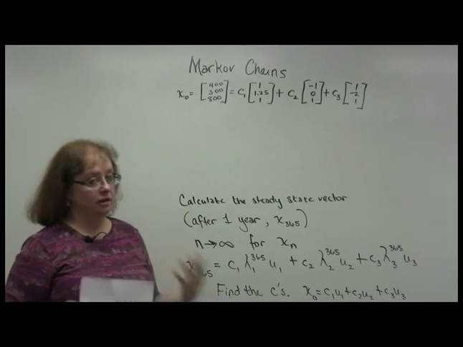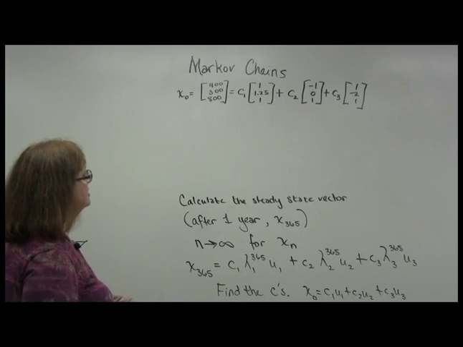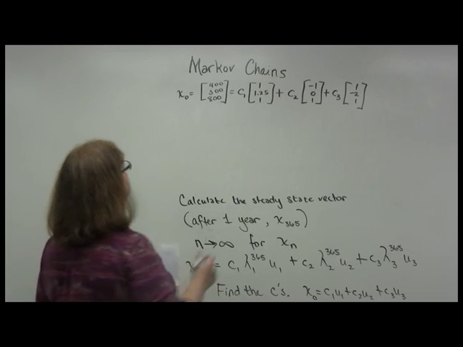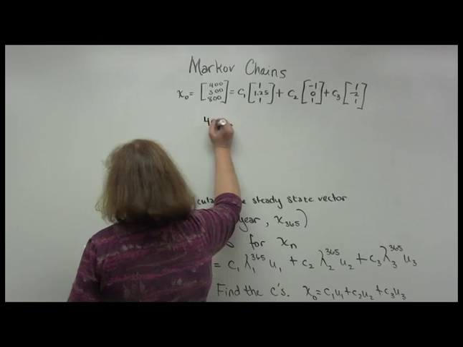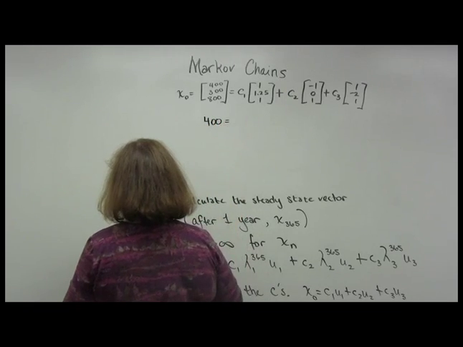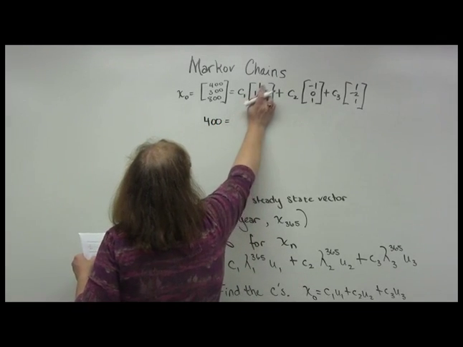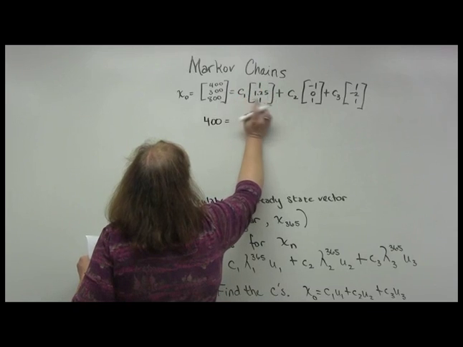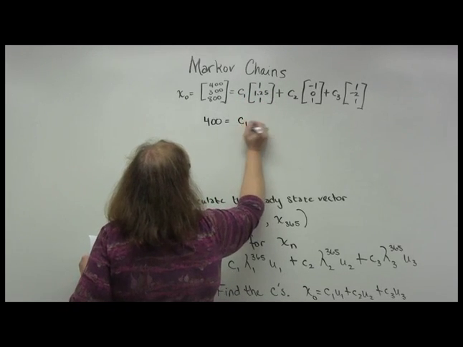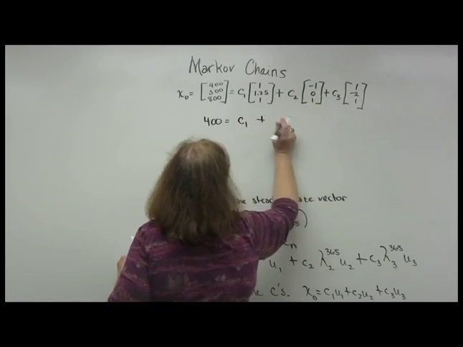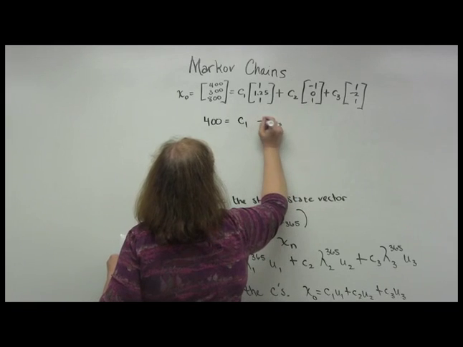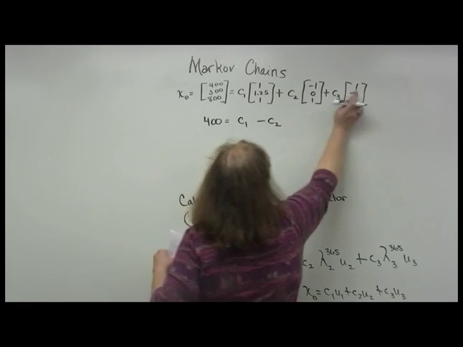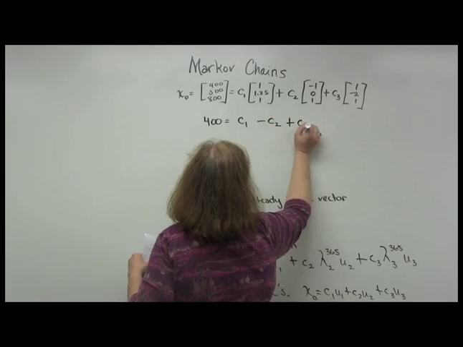That's going to give me 3 equations with 3 unknowns. My C1, C2, C3 are my unknowns. My equations are, if I multiply this out, 400 equals C sub 1, top row here I get minus C sub 2, and then plus C sub 3.